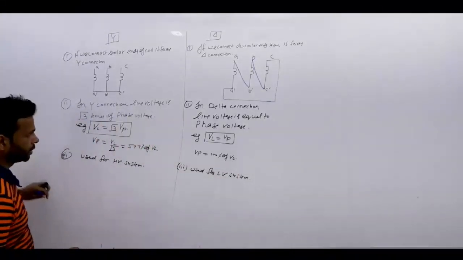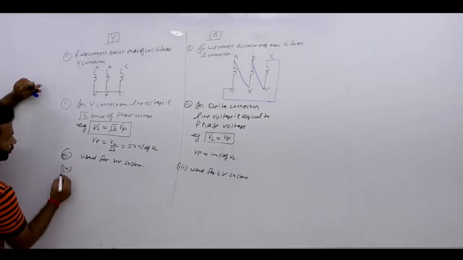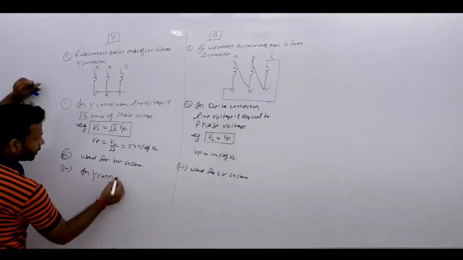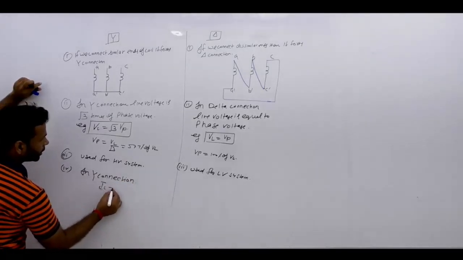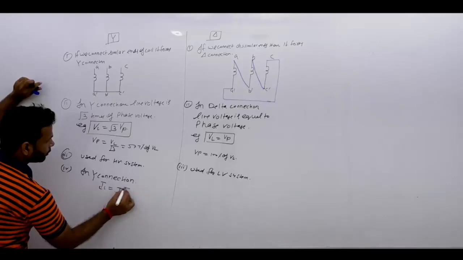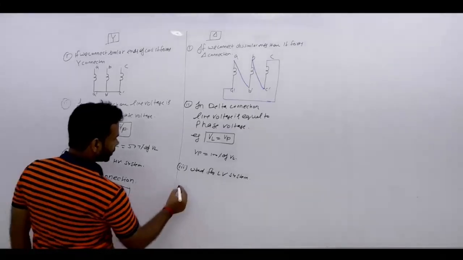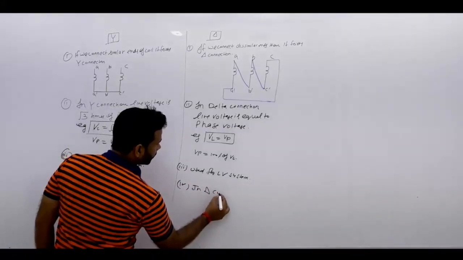Okay so far? Now in the next point, I take the fourth point. In star connection, line current is equal to the phase current. In delta connection, line current is equal to √3 times the phase current.